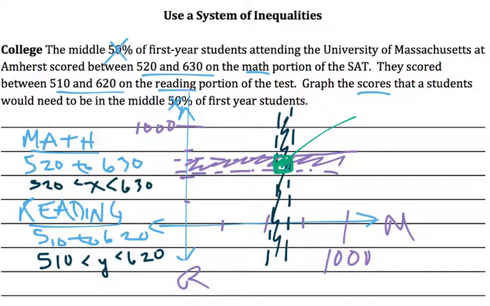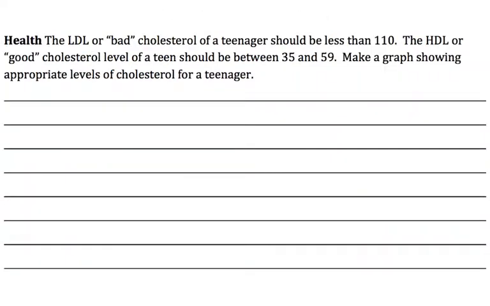And so I'll draw a little arrow to this and say scores. So this is the overlapping scores where the math and the reading jive together. I'll be honest with you, I think this is a pretty silly problem and kind of makes the systems of inequality seem less interesting. I wish they could do better.